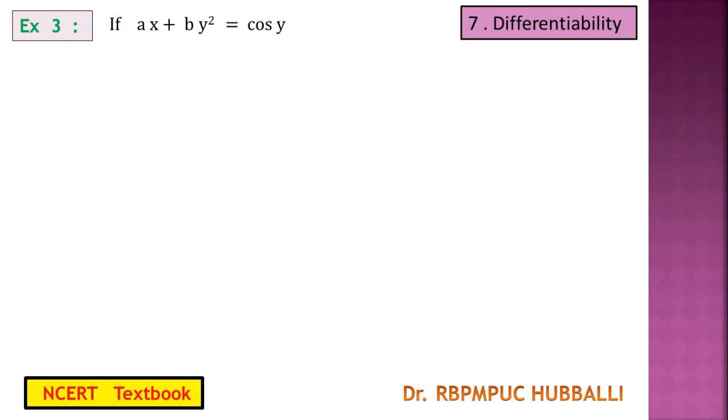ax plus by square is equal to cos y. If this is an implicit equation, ax plus by square is equal to cos y, then find dy by dx. So this is also a simple equation. First write the given equation.